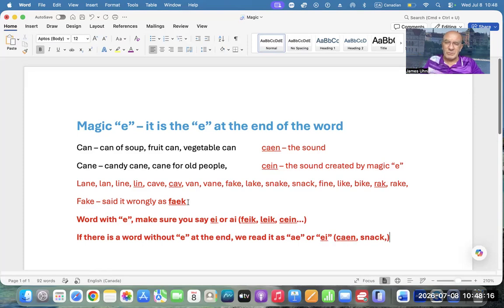So make sure, please, if there is magic E at the end of the word, you read it as cane. You read A as A. You read I as I. I will give one more example over here.